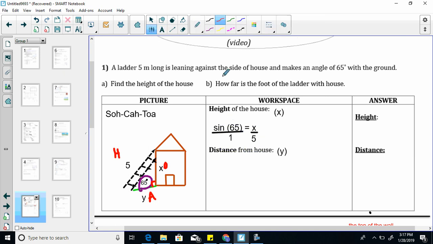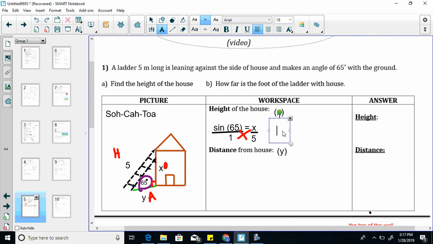When I do so, I'm going to have X equals, because X times 1 is just X, sine of 65 times 5.